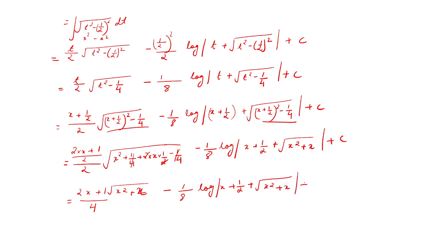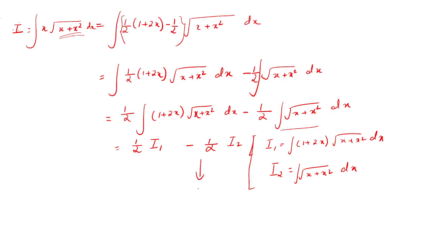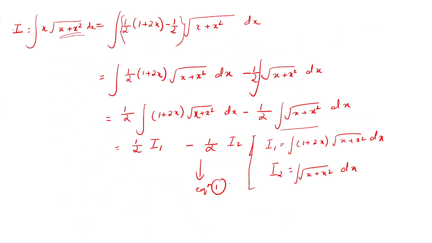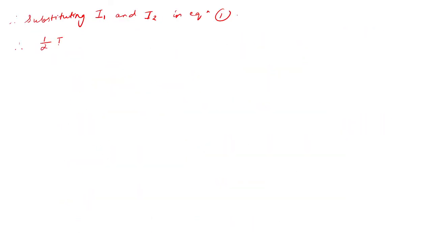So we're not done yet, okay? Write this as your equation 1. Just mark it, okay? Therefore, we already have I1 and I2, so substituting I1 and I2 in equation 1. What is your equation 1? Equation 1 is actually half of I1 minus half of I2.